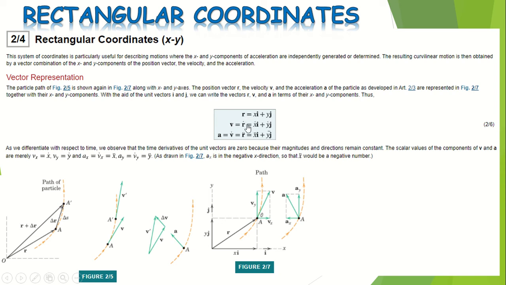If you take the derivative of this, it will give us the velocity. It's just like this is our s in our previous discussion of rectilinear motion, you think of it as our s, the displacement or position. Then v here is the velocity, which is the derivative of this. So we have v equal to r dot. The dot on top of the r means derivative. So it gives us x dot i plus y dot j. So this is our velocity.